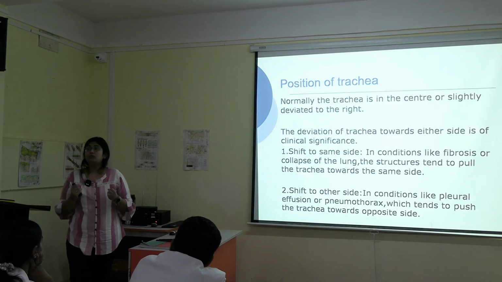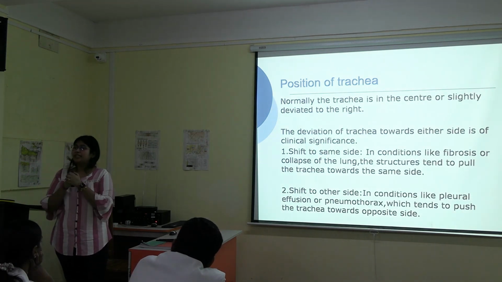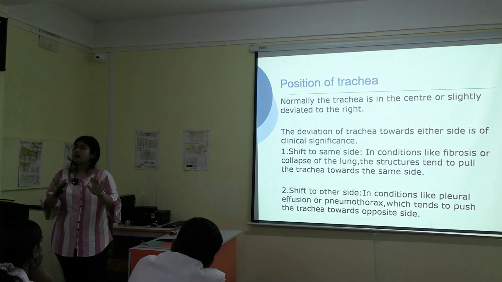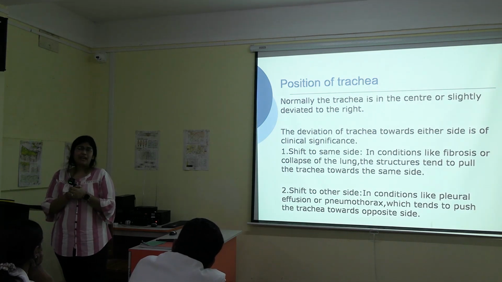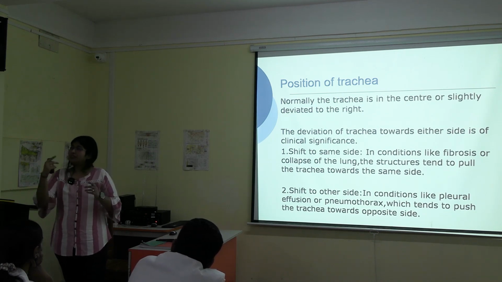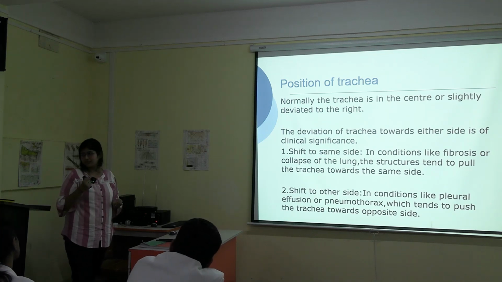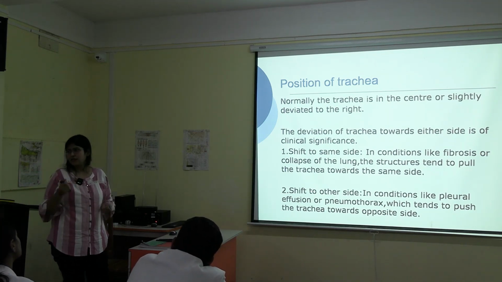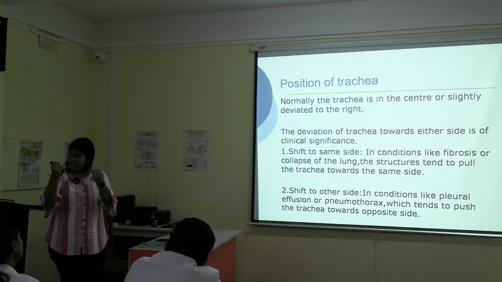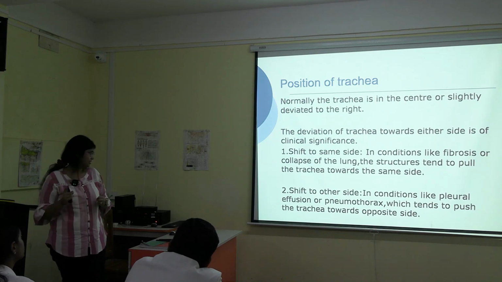Now, where would it push away? In pneumothorax, pleural effusion. These conditions will push the trachea away. Be very careful, I'll ask. It'll push the trachea away to the other side. And there will be conditions which will pull the trachea towards it, like fibrosis. Fibrosis has a habit of pulling things towards itself, stiffening stuff. Okay, fibrosis.